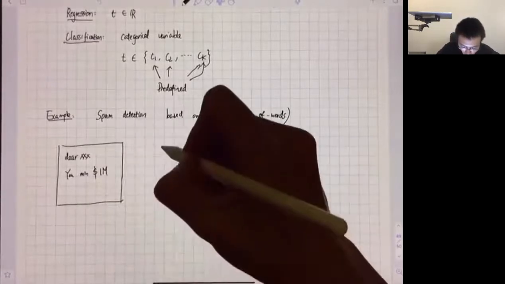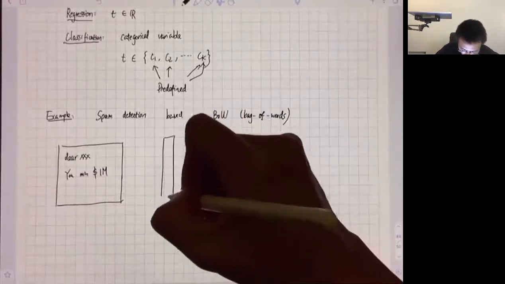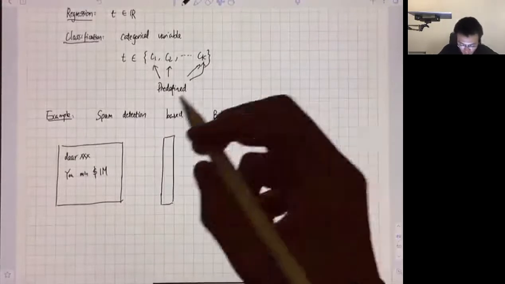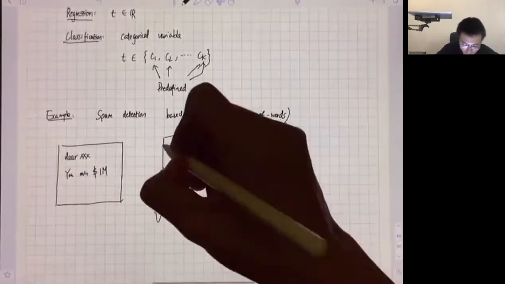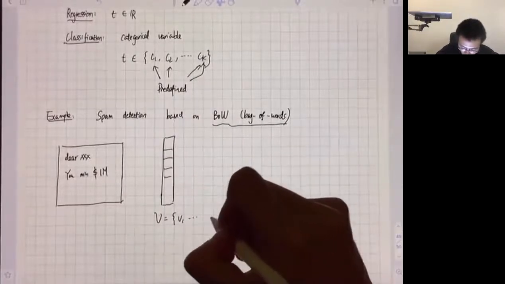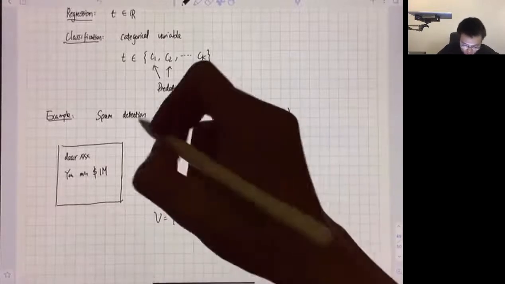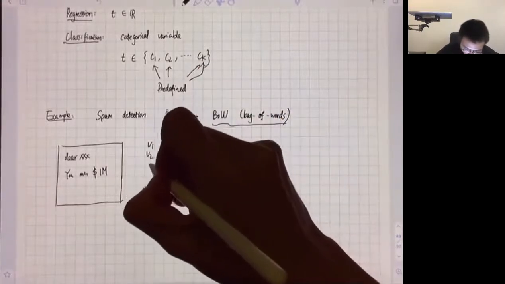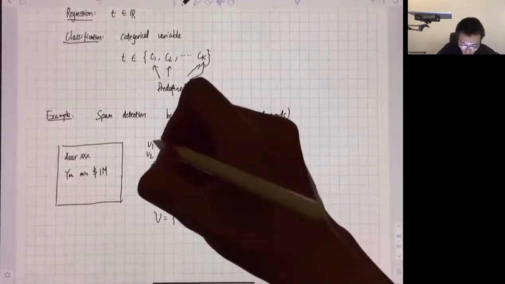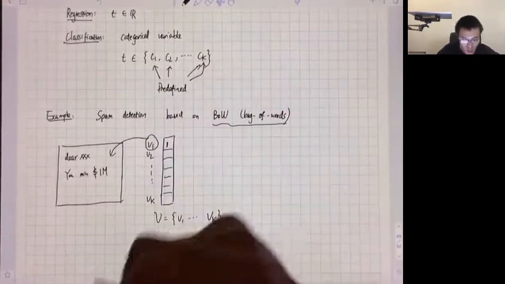And we want to represent it by a bunch of features. In particular, the features I'm talking about here are bag of words features. You have a vocabulary V, which is V1 up to VK. So it's a K-dimensional feature. If the word V1 occurs in this email, you say it's 1.